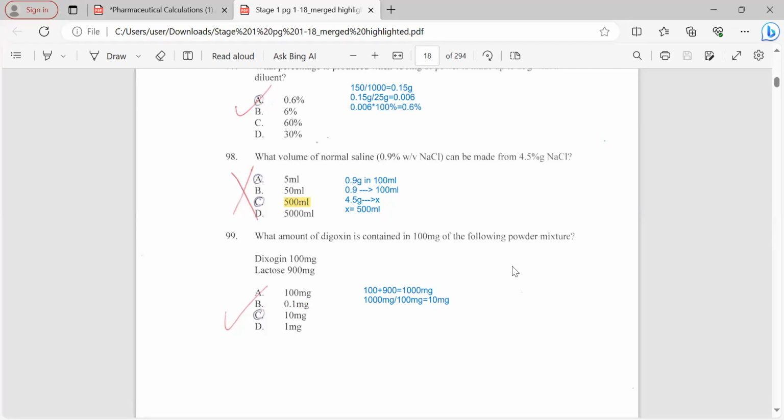So they're asking what volume of normal saline can be made from 4.5 grams of sodium chloride. Again, we know 0.9 grams is in 100 ml. So if you have 4.5 grams, how much volume would you make?